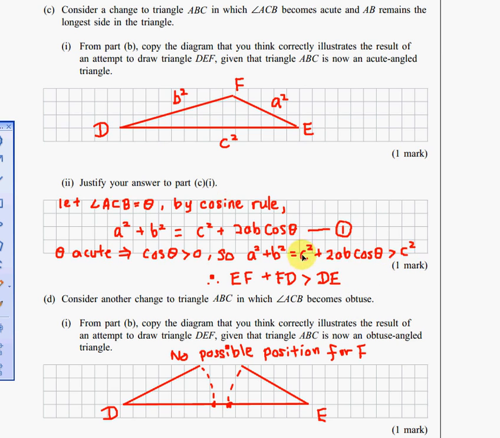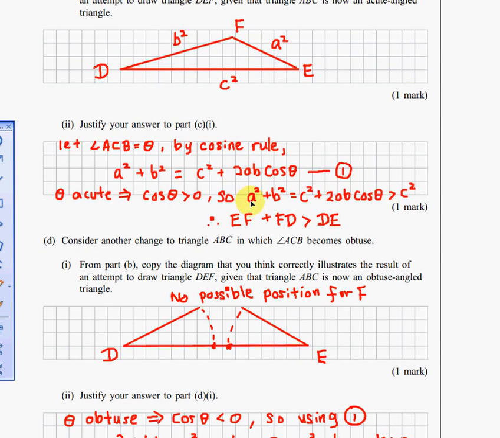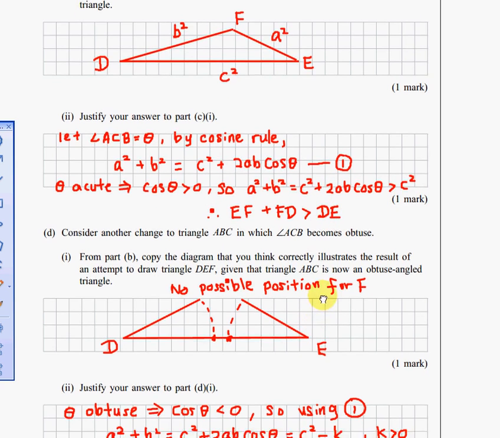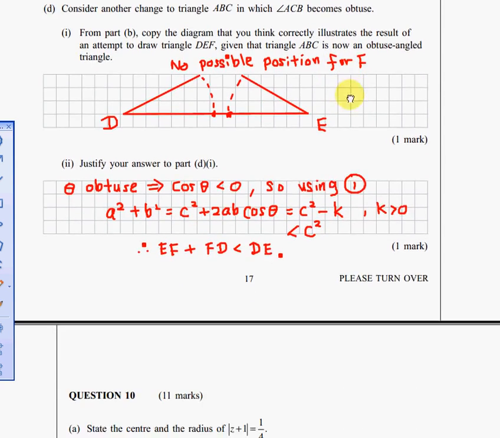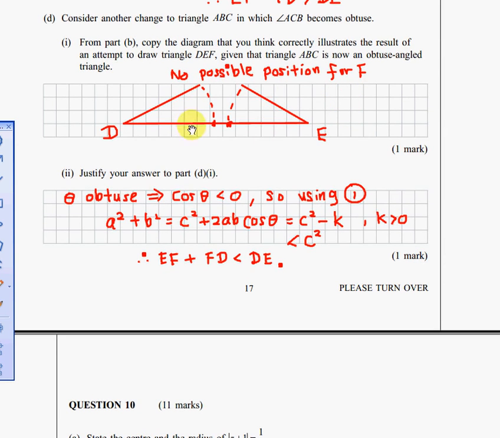Two things you need to grasp. Number one, two positive numbers added together must be greater than just one of them. And the other is that a, b, and c are all positive values. So you just substitute a squared, b squared, and c squared, and you get this inequality. And for the last one, you have no choice, you're only left with this diagram.